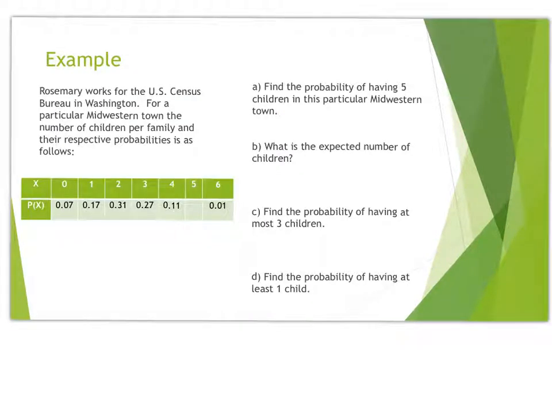So here's an example. It says Rosemary works for the U.S. Census Bureau in Washington. For a particular Midwestern town, the number of children per family and their respective probabilities is as follows. You see you have this probability distribution, and here X equals the number of children per family.